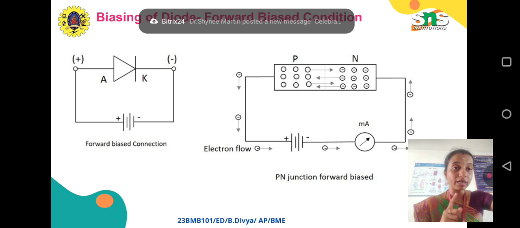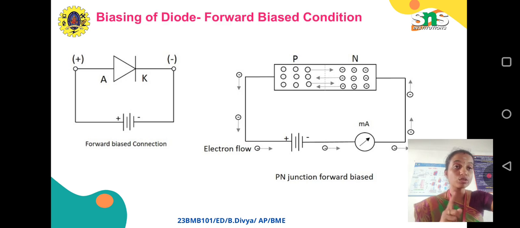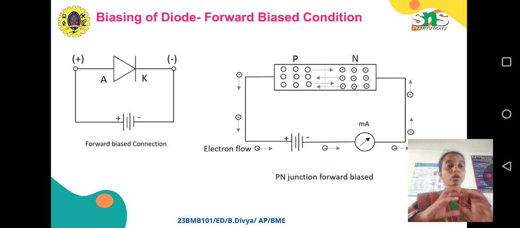The holes and electrons recombine, and the complete process goes on like this. By using the ammeter and voltmeter we can identify the current and voltage in this PN junction diode, how they increase or decrease, and how it works.